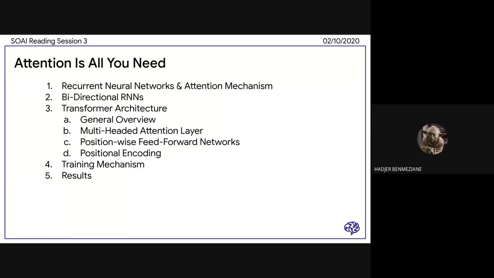And I think we're going to stop here for today. If we get advanced in more details, we can talk about the position-wise feed-forward networks, the positional encoding, and then how they did the training and some of the results. So I believe we can stop at the multi-head attention to give a great explanation of what's happening in the paper.